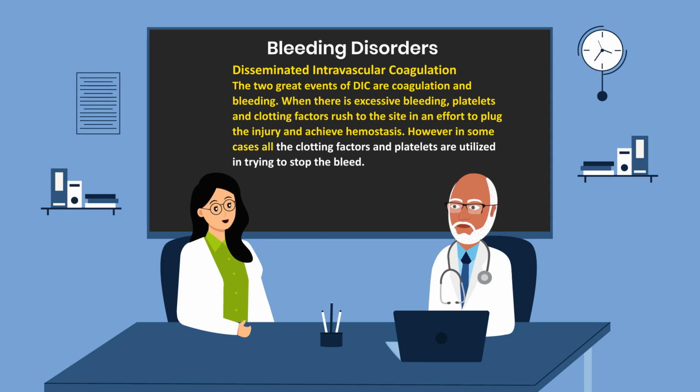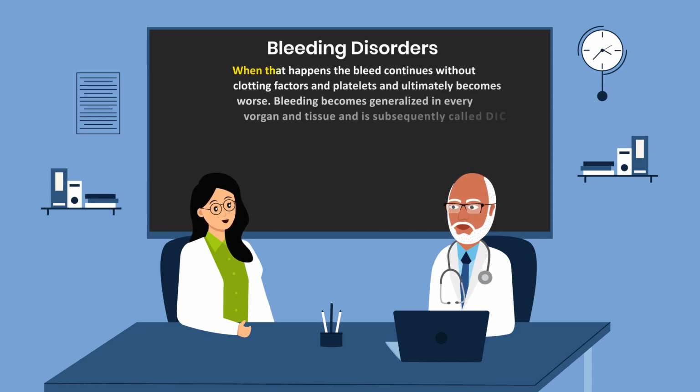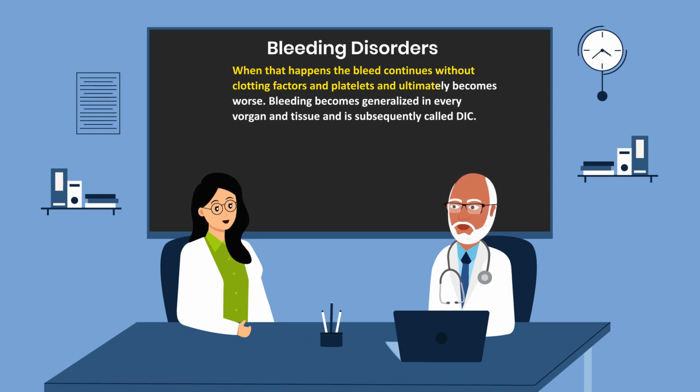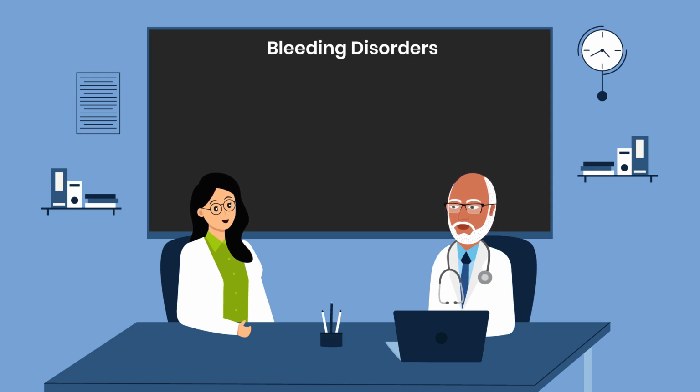However, in some cases, all the clotting factors and platelets are utilized in trying to stop the bleed. When that happens, the bleed continues without clotting factors and platelets and ultimately becomes worse. Bleeding becomes generalized in every organ and tissue, and subsequently it's called DIC.